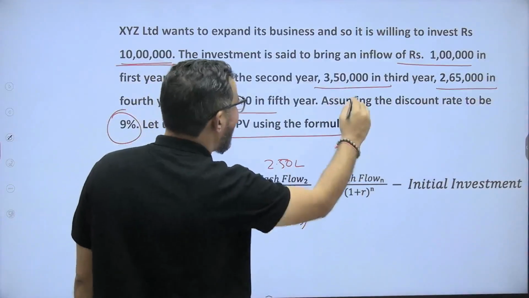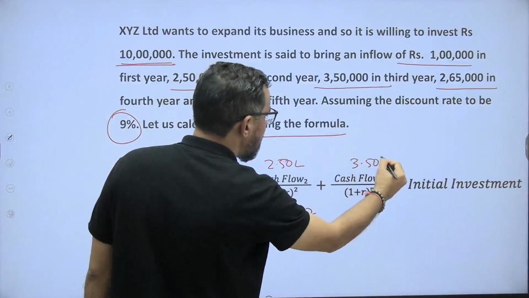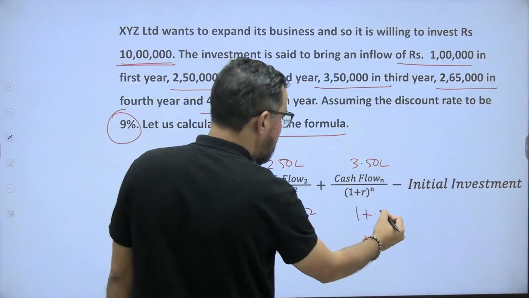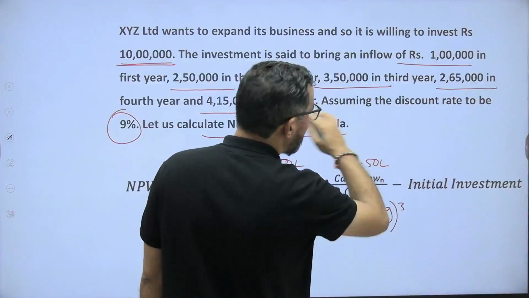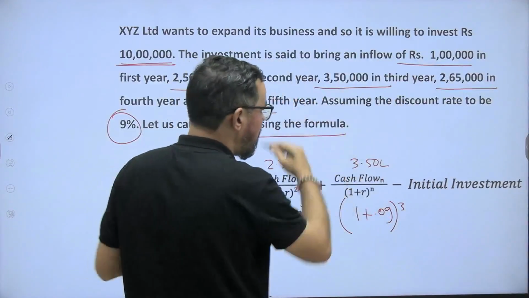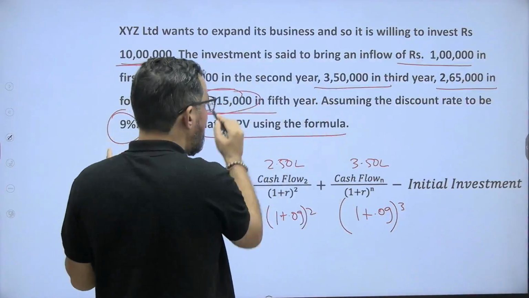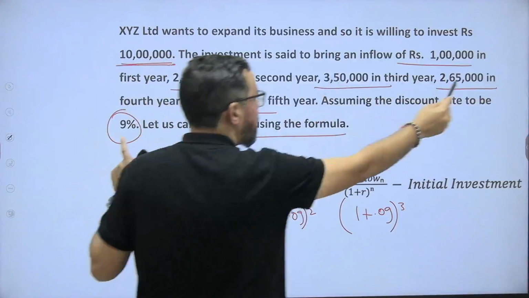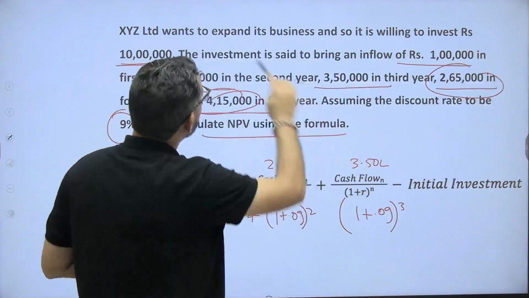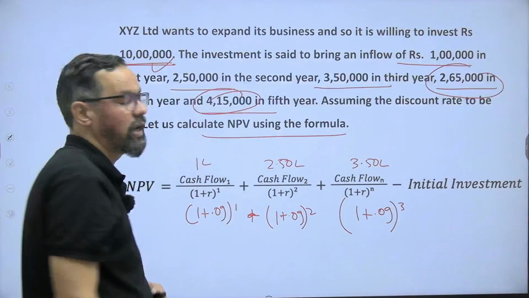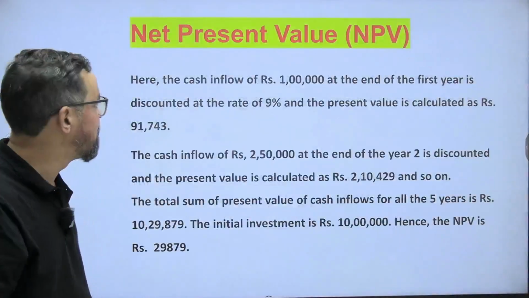Then third year, 3,50,000, 1 plus 0.09 to the power 3. Then we have the fourth year and fifth year. The fourth year is 2,65,000. Sum all of this and subtract the initial investment, that is 10 lakh. If it is positive, accept, otherwise reject.